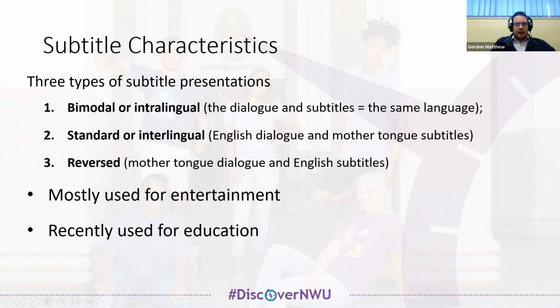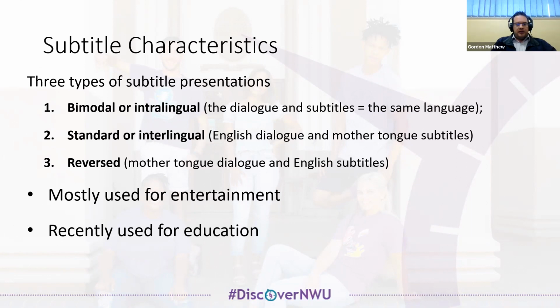So some characteristics of subtitles. There are generally three types of subtitles: bimodal or intralingual, where the dialogue and the subtitles are in the same language; standard or interlingual, where the dialogue is English, for instance, and the subtitles are in a mother tongue; and then the reverse of the standard, where there is mother tongue dialogue and English subtitles.